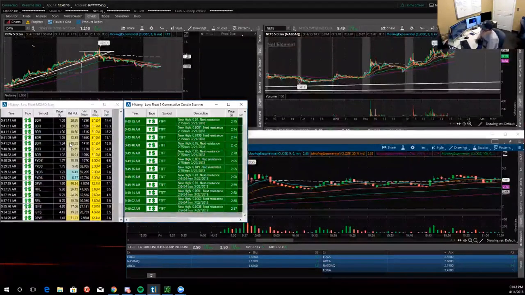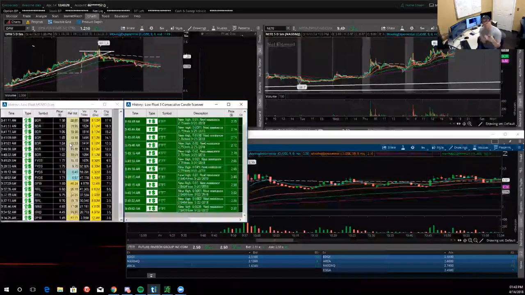What I mean by that is scanners are so specific that they can easily miss stocks. People think that just because you have a scanner, you're going to pick up every stock, and it's not the case, because stocks will trade different volumes on some days. They will have volume spikes on one day.